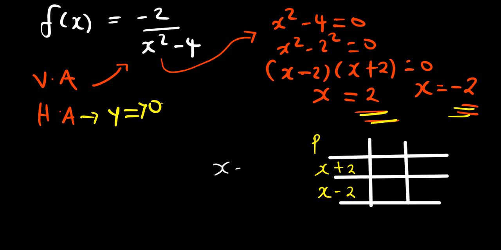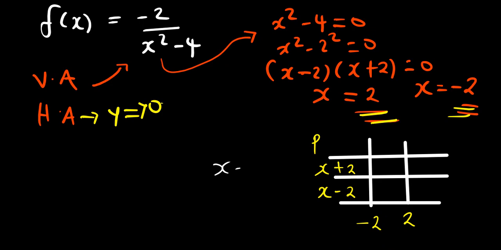So this is negative 2, this will be positive 2. Now the equation that gave us negative 2 was x plus 2.